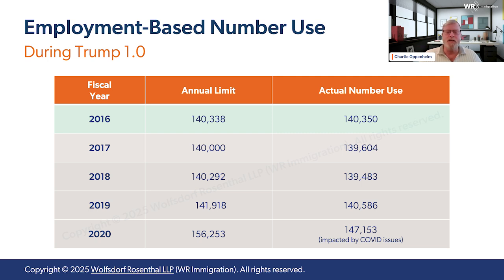And I think the USCIS did an outstanding job in allowing the 147,153 numbers to be used. USCIS went above and beyond what probably could have been expected of them at that time period, when most things were shut down because of COVID processing issues.